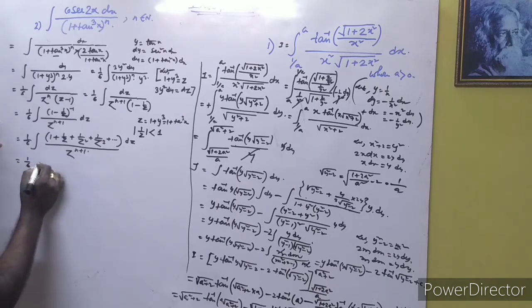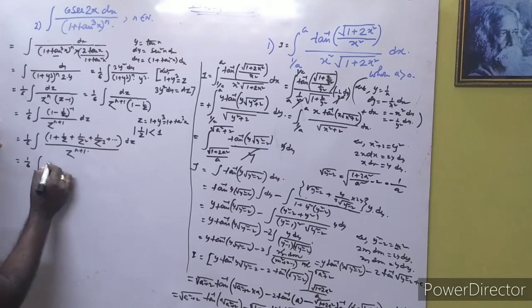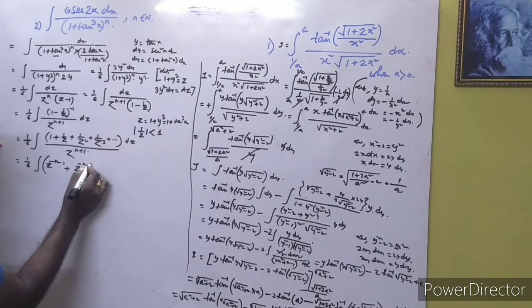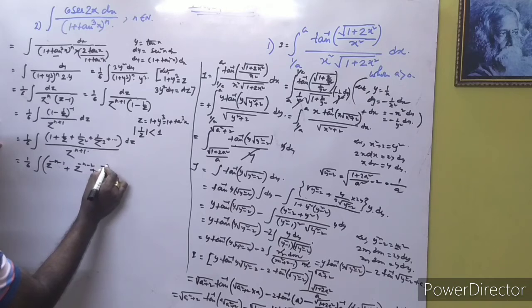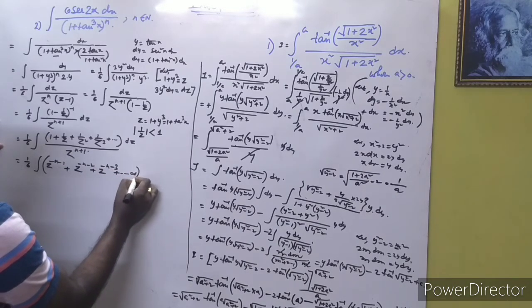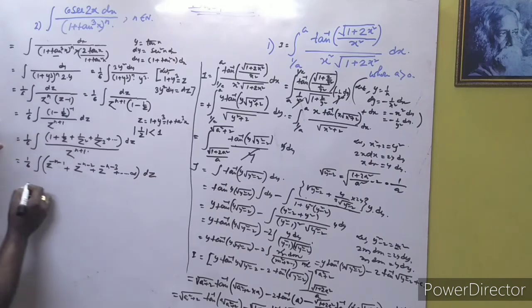This is 1 by 6 here, so z to the power minus n minus 1 and z to the power minus n minus 2, z to the power minus n minus 3 dot dot to infinity as a dz.